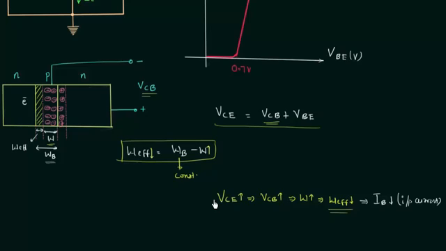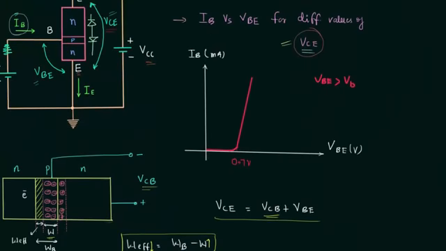So on increasing the output voltage VCE, the base current or the input current decreases. Vice versa is also true. On decreasing the output voltage VCE, the input current IB increases.